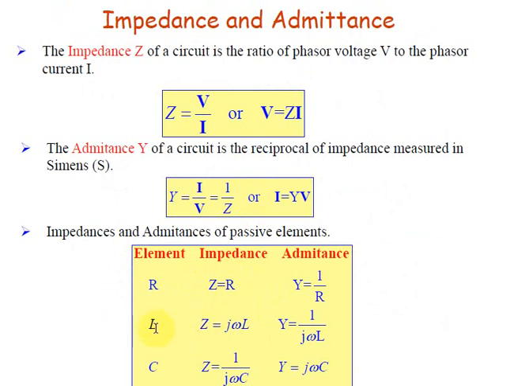But inductor and capacitor are frequency dependent terms. You can see omega over here. Omega is 2 pi f, where f is the frequency. Therefore, L and C have a frequency response. As frequency changes, the impedance of inductor and capacitor will change from their definition.